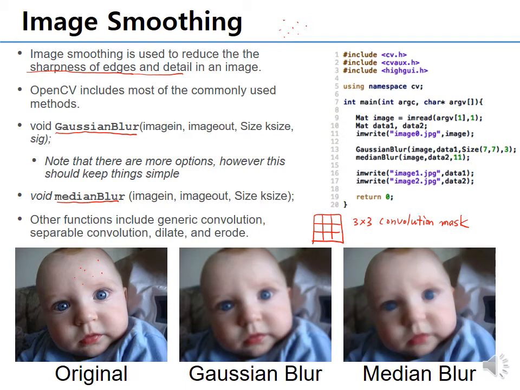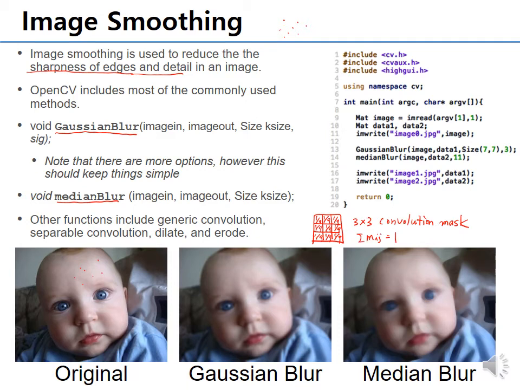For example, it is 1/9. By summing all the weighting factors of the 3x3 convolution mask, the sigma of Mij equals 1.